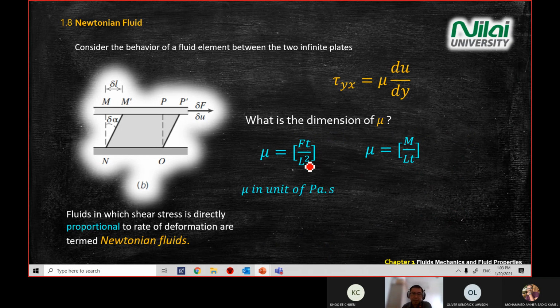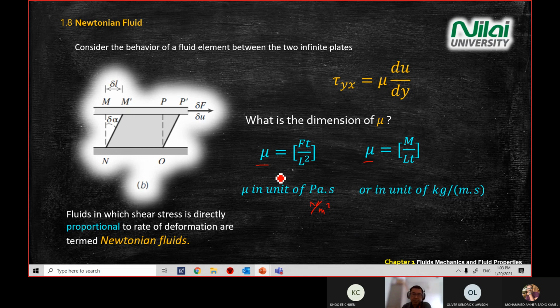So on the left is Pascal second. How do we know it's Pascal? Because force divided by area gives Pascal, or Newton over meter square. Or your mu will be in the unit of kilogram over meter second. So your viscosity has two units.